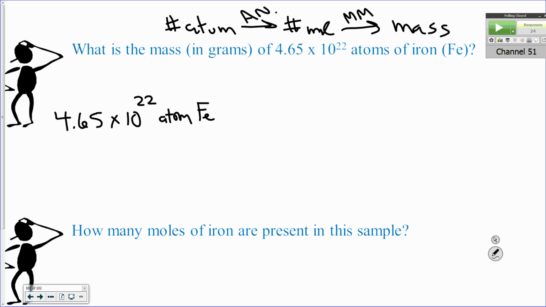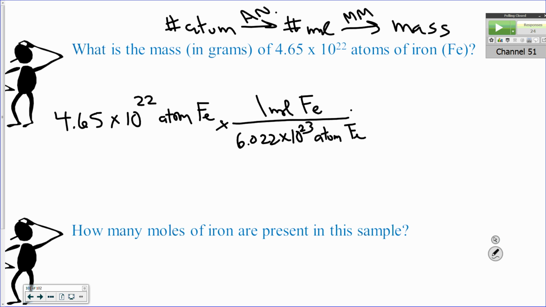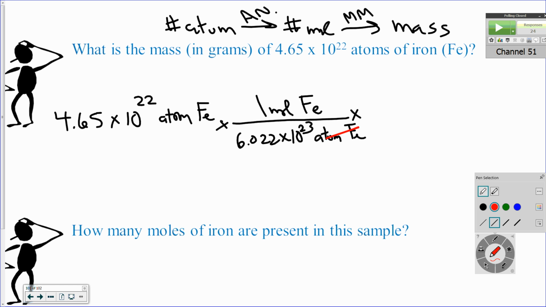So first thing I'm going to do is use Avogadro's number, that relationship. It says there's 6.022 times 10 to the 23rd atoms of iron for 1 mole of iron. And next, if I look at units, that's going to cancel out atoms of iron. Now I'm left with moles.